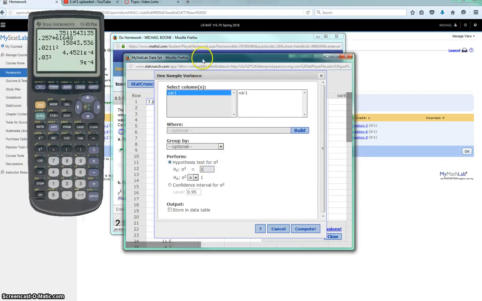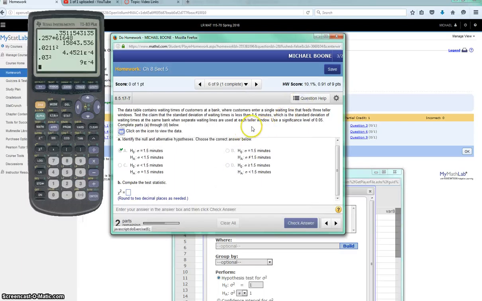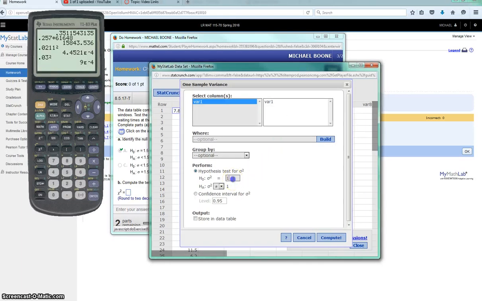It was looking that our standard deviation is less than 1.5. So again, we will have to square that. 1.5 squared should be 2.25. So that's what we'll put in here. And again, we said less than that variance. And that's all we have to do.